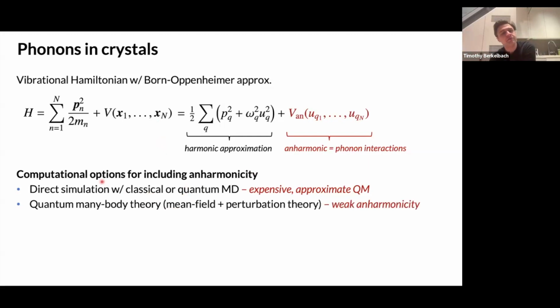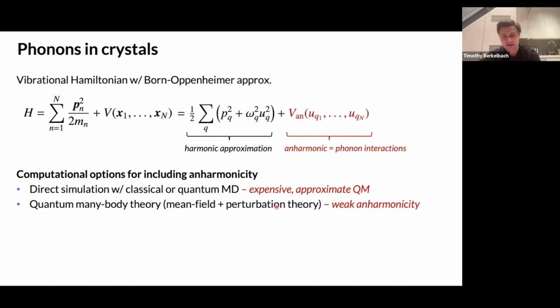The alternative would be some kind of many-body theory. And I think within computational materials science, this is probably the standard. So one can do various treatments of anharmonicity within mean field theory. This is maybe things like self-consistent phonons, if people are familiar with that technique. That, of course, still just provides a static mean field picture.